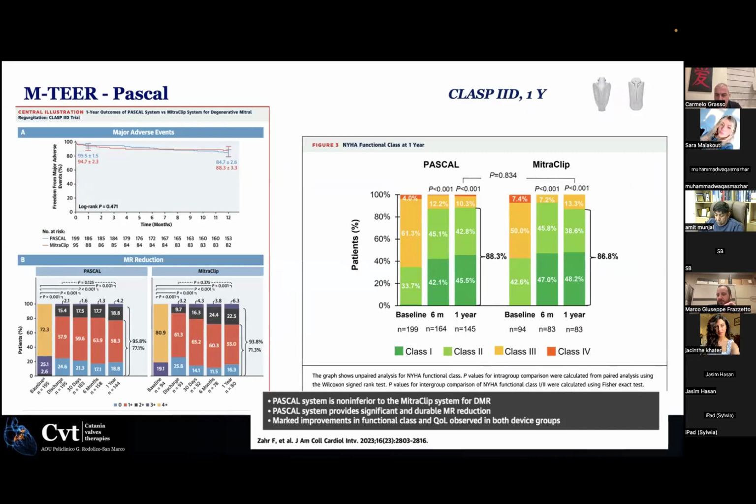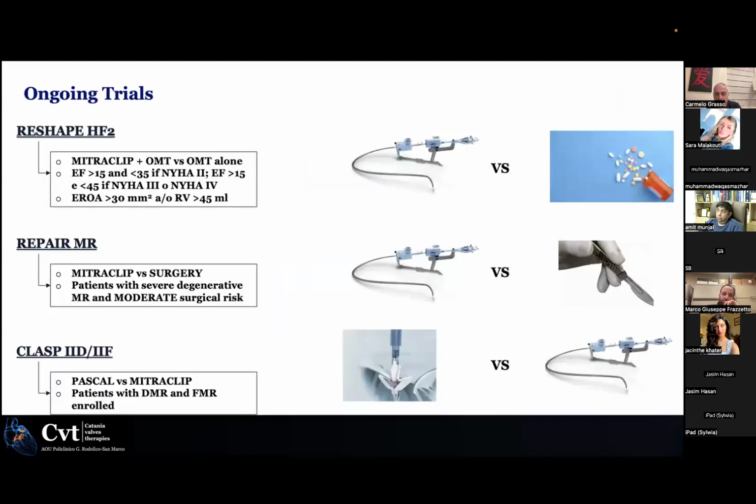It provides significant, durable reduction of mitral regurgitation and, of course, improvement in quality of life in both devices. So we may say that Pascal is comparable to MitraClip, and it is sometimes used in a different setting, but we still do not have much data to say where it is better to use Pascal and where it is better to use MitraClip.